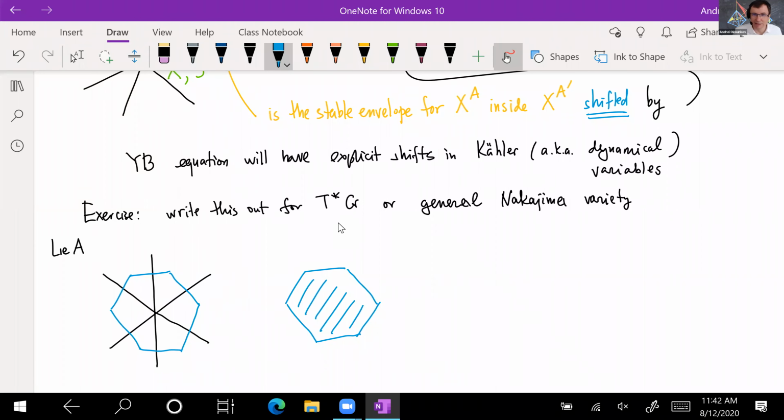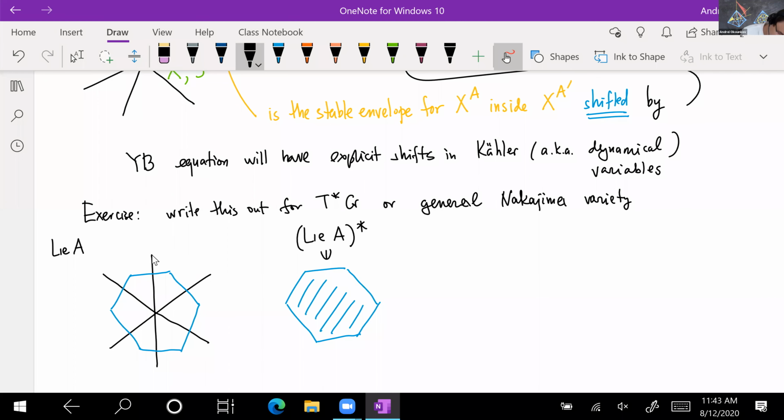So I'll just write that this sits in the dual. This has to do with weights, in other words weights of some representation of A.